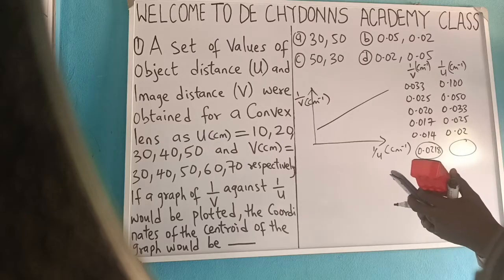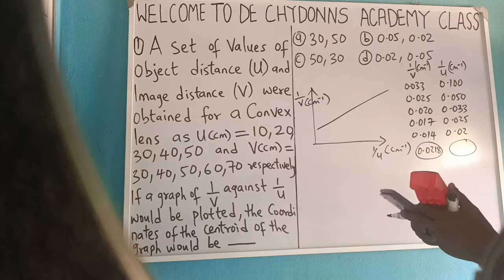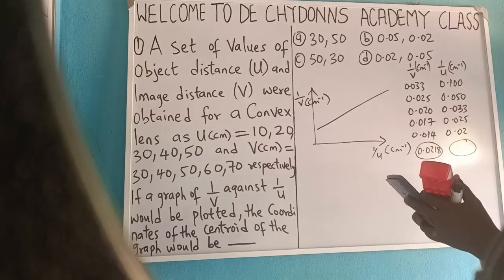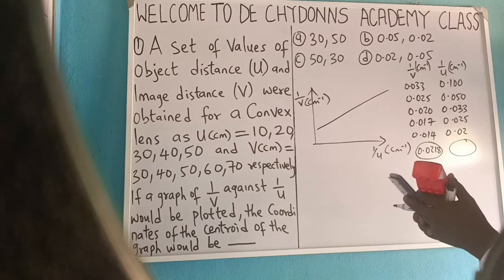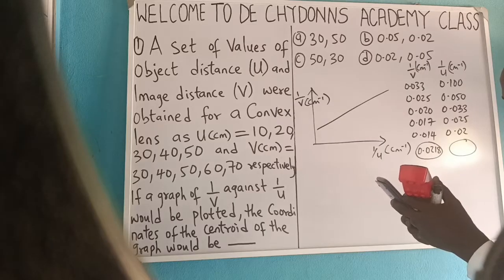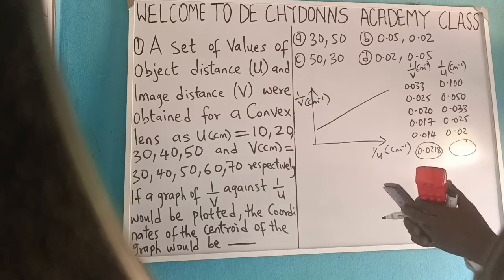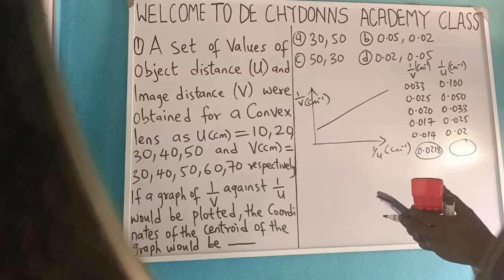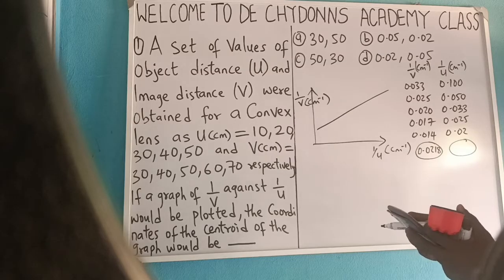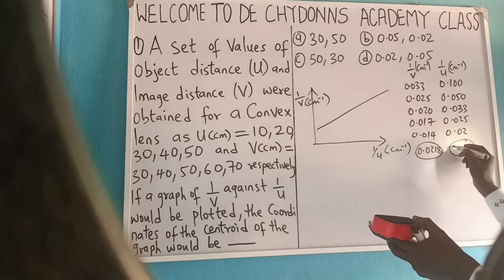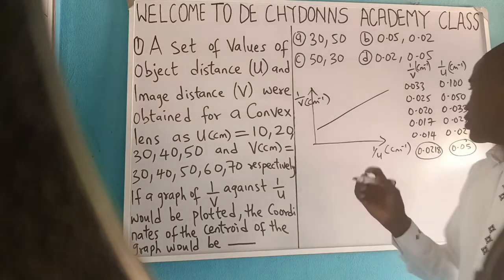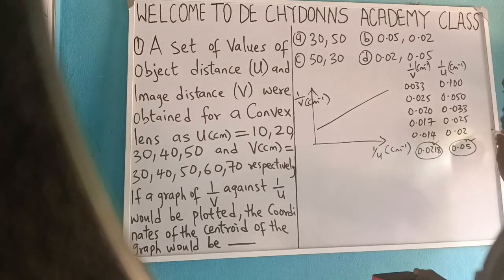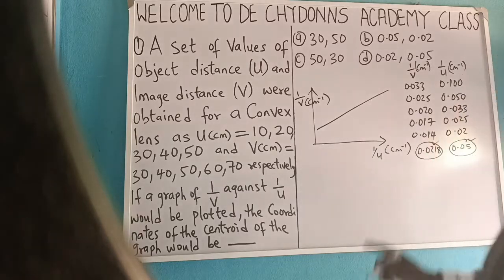Then do the same here. 0.1 plus 0.05 plus 0.033 plus 0.025 plus 0.02, divided by 5, will give you 0.05 approximately. This we got is what we call the centroid.